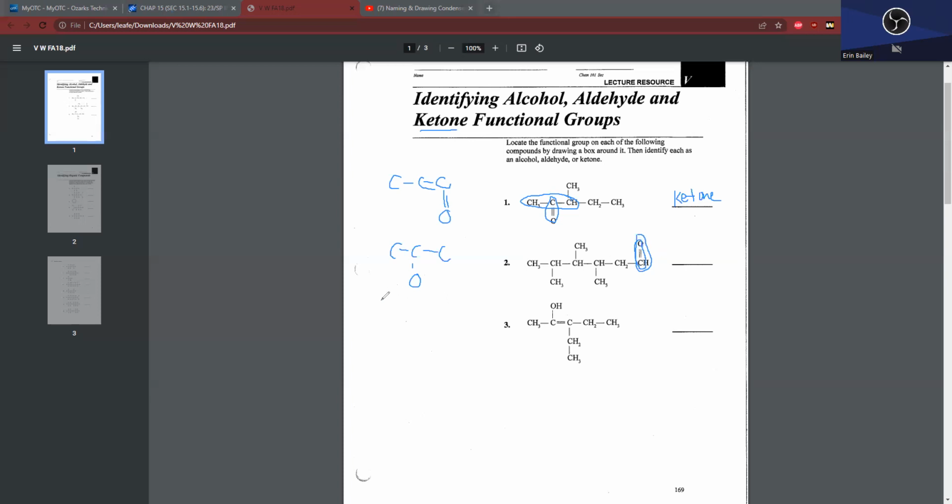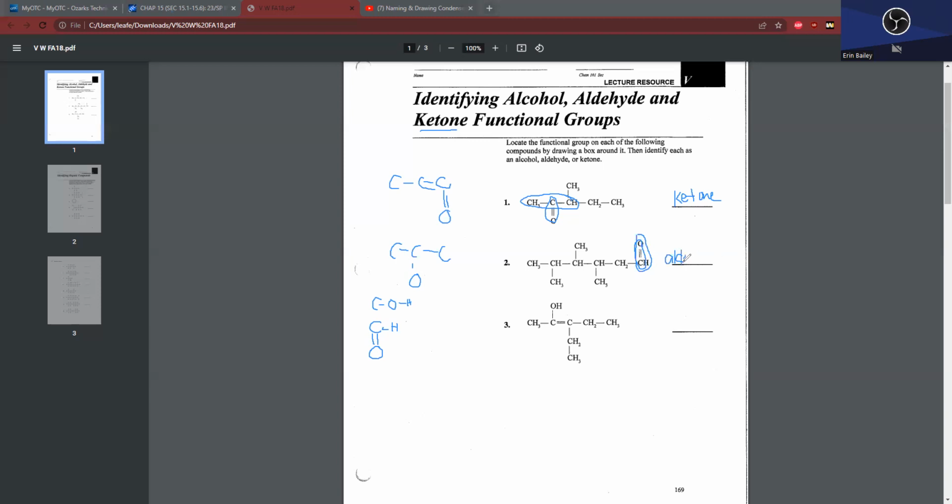Now, an alcohol is just going to be COH, with all of them single bonded. But what is very similar to alcohol and has a carbonyl in it is aldehyde. An aldehyde is going to be CH, and this carbon is going to be double bonded, not just connected to oxygen with a single bond, but double bonded. And so this is going to be aldehyde.